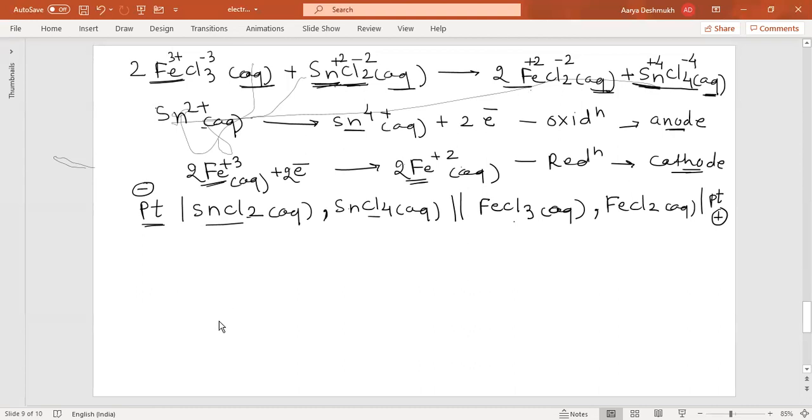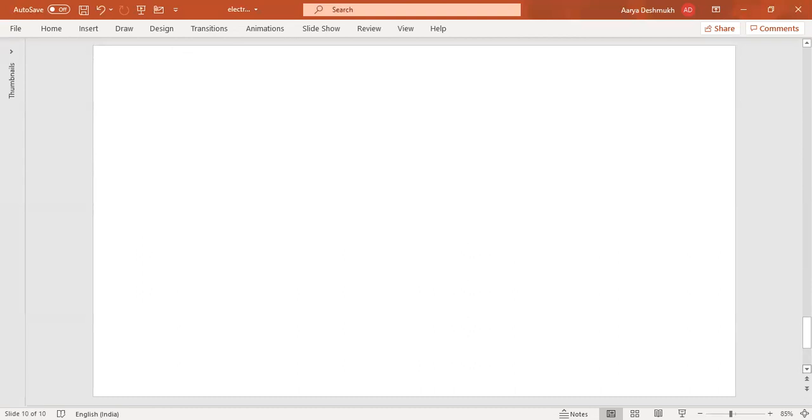Okay. Now the next example I'll take, where the same Sn is used. If the cell reaction is given, you should be able to formulate or represent the cell.